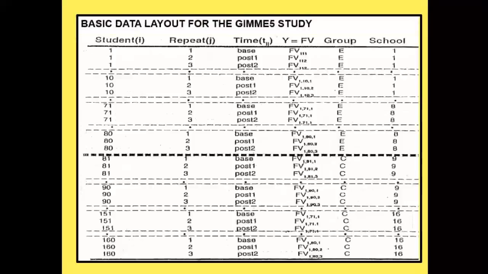Well, one thing you have to consider is, what's the data layout? And that's not that easy to figure out either, because think about it, you have 10 students times 3 measurements in each school. So you've got 30 measurements in each school, and you've got 16 schools.